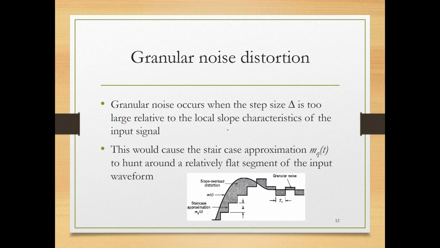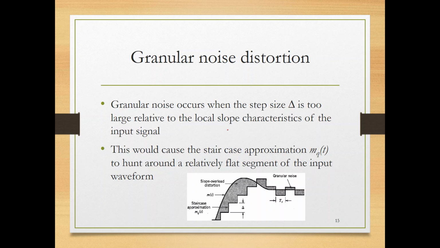So this is with respect to slope overload distortion. What about granular noise? Granular noise, we said it happens when the step size delta is too large relative to the local slope characteristics of the input signal. This would cause the staircase approximation to hunt around the relatively flat segment of the input waveform.